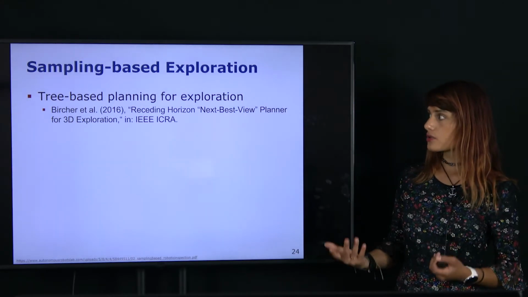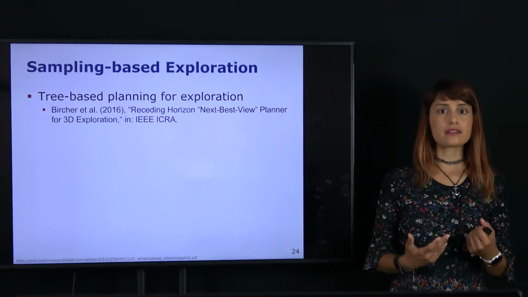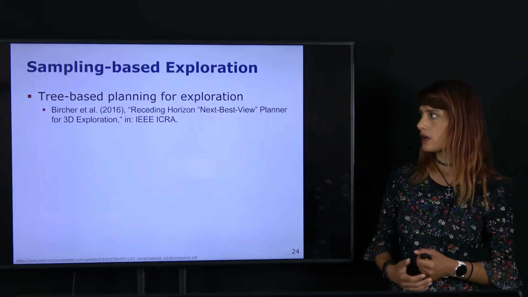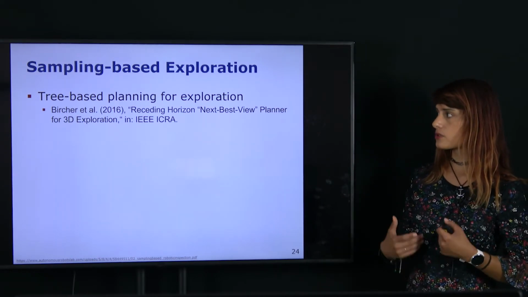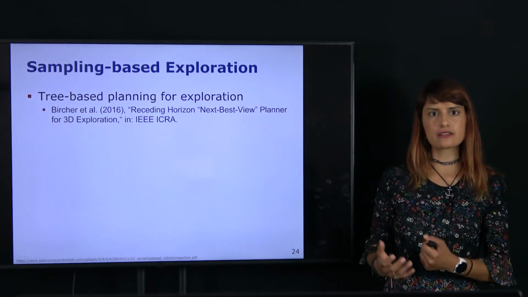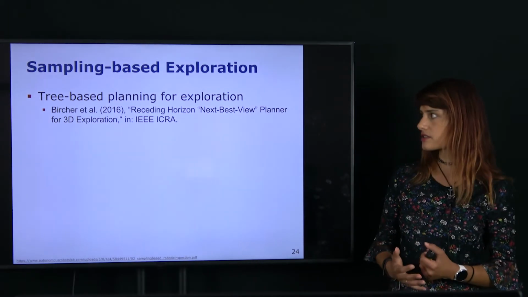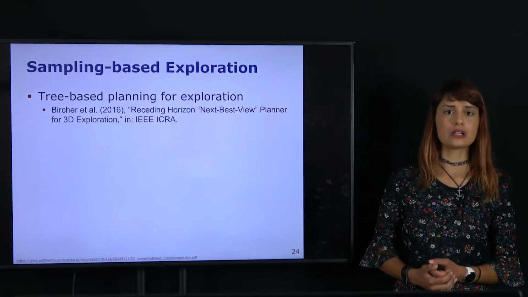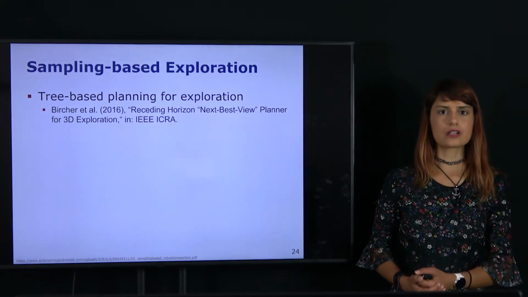Now, there are also other works out there and different variants of this algorithm, but this is just to understand and to appreciate how a sampling-based method could be effective in handling places where combinatorial optimization and greedy frontier-based exploration is infeasible.